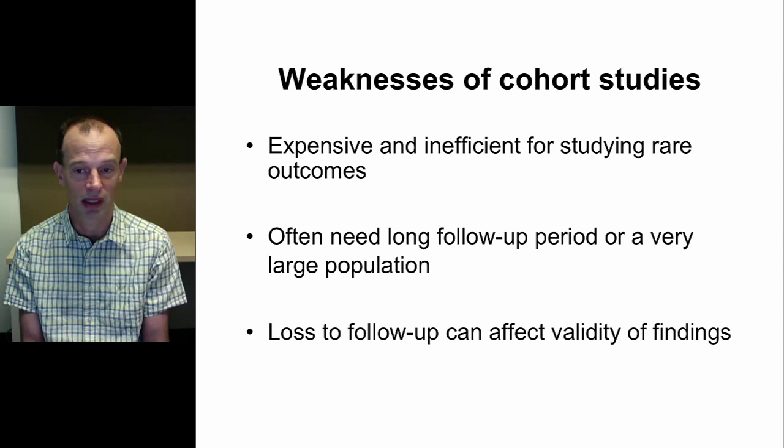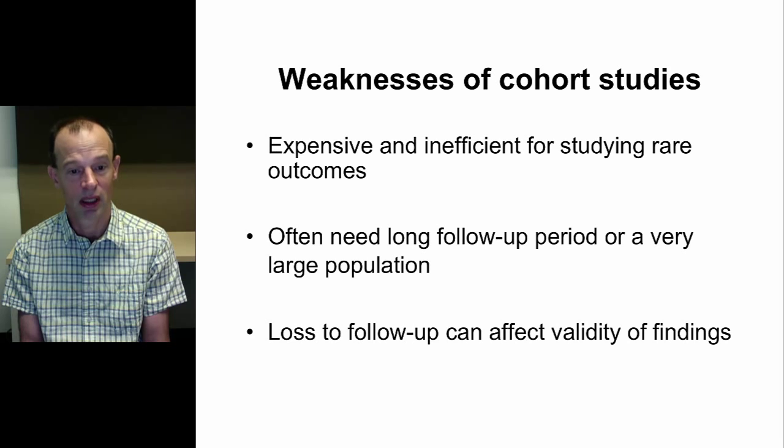That's why most of the initial study designs for determining the association between cigarette smoking and lung cancer were in fact case control studies. And as I mentioned, you often need a long follow-up period or a very large population, and this issue of loss to follow-up can really affect the validity of your findings.